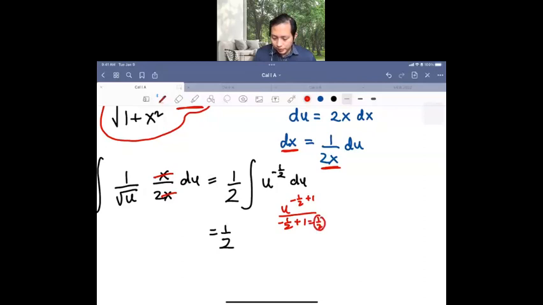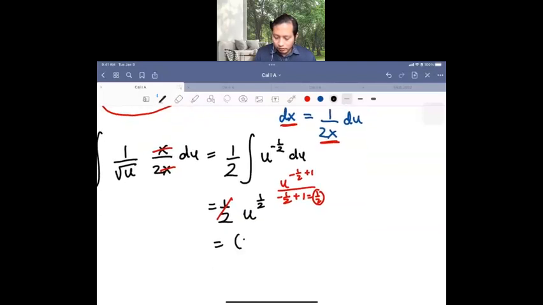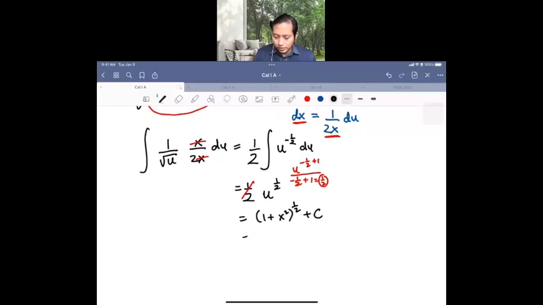So half and half will be cancelled. So the result will be u with power of half, or we can write (1 plus x squared) with power of half plus c, or square root of 1 plus x squared plus c.